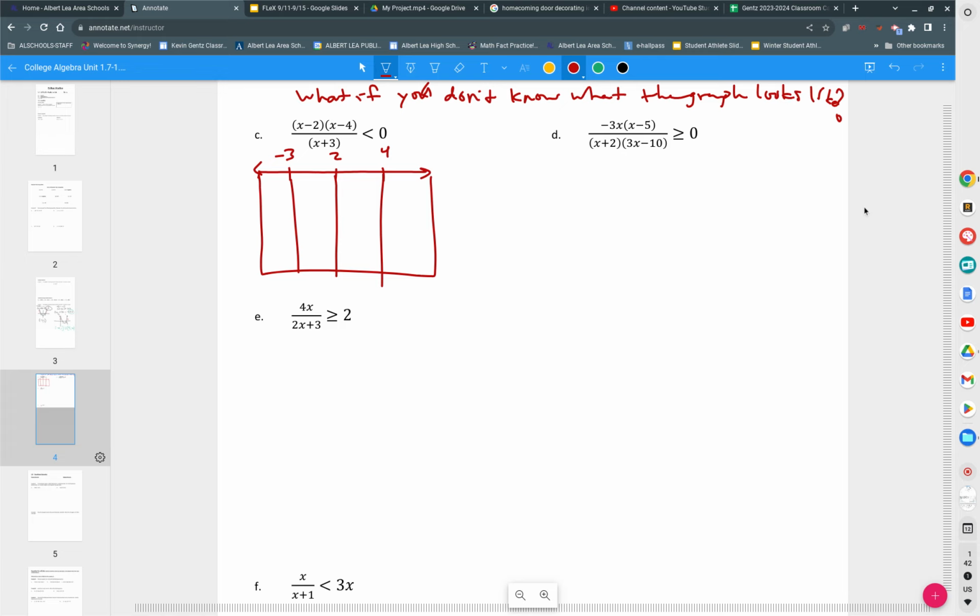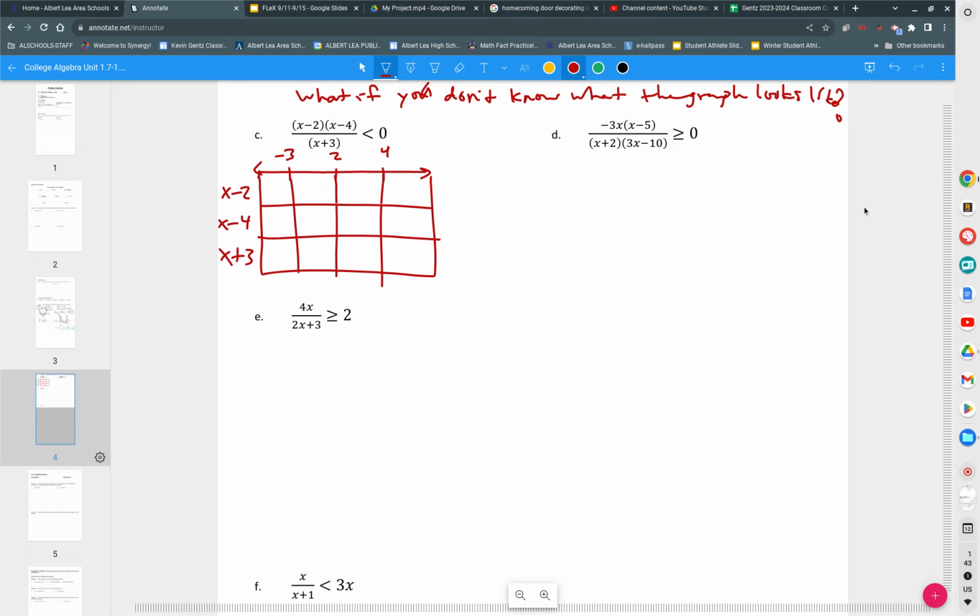And then the number of rows is the same as the number of numbers I have up top, so I'm going to have 3. And then on the side, I put x minus 2, x minus 4, and x plus 3. This is just a way of organizing my work for my number line test.